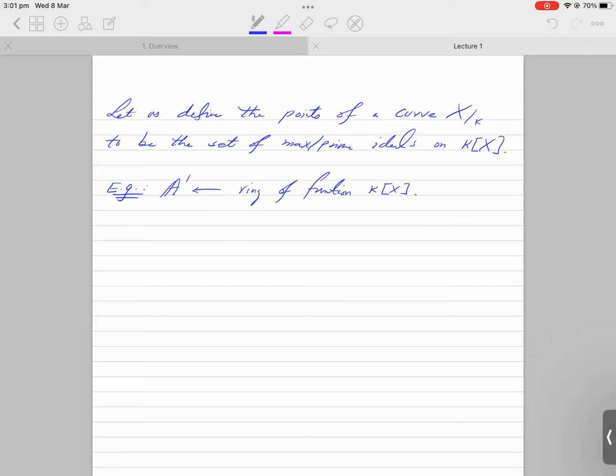So what are the points in here? Points on A1 are given by prime ideals in here, so irreducible polynomials.